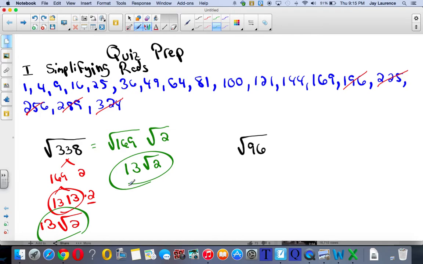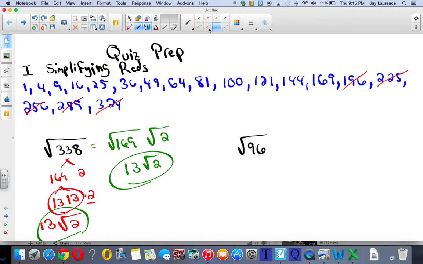Now you understand that's not the square root of 13 rad 2 or rad 338. It's just a decimal approximation. It is very close, but there is no actual square root of that number because it's irrational. All right, so you can do it either way, or if you have your own way, that's fine too.